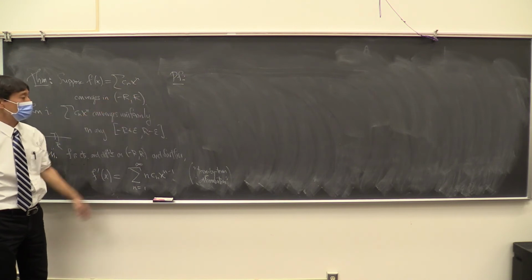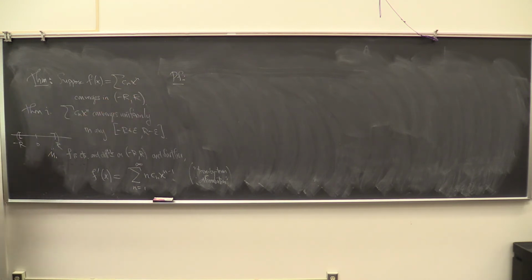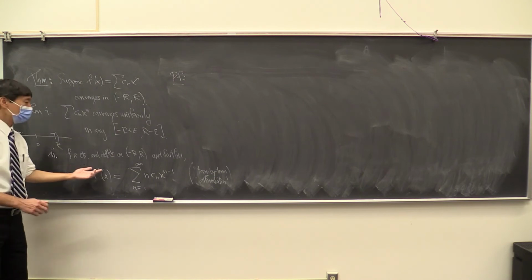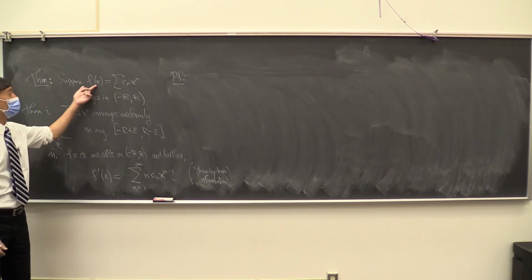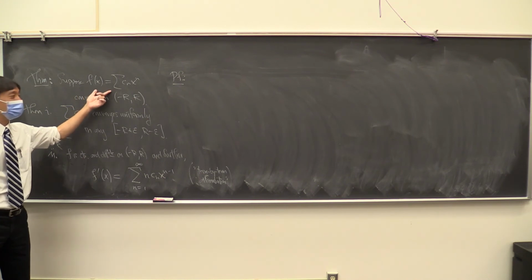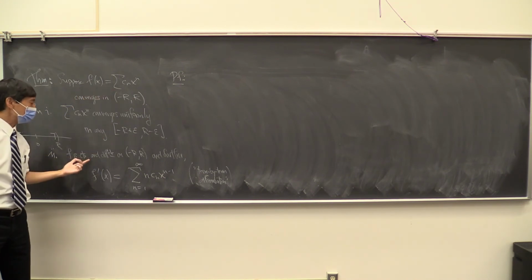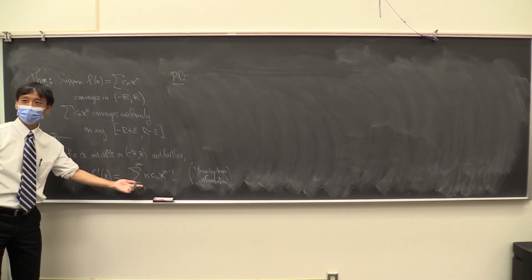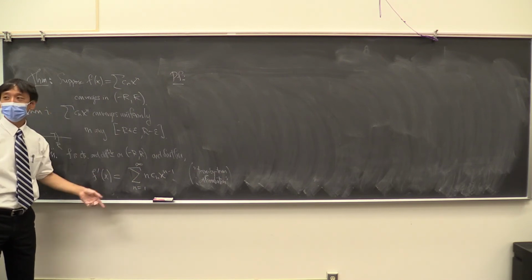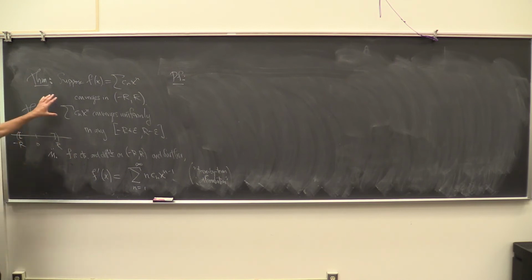Then your derivative in turn has a power series expansion, so it is continuous and differentiable, and its derivative is obtained via term by term differentiation, and so on and so forth. So any analytic function is infinitely differentiable. That's what this theorem gives you.